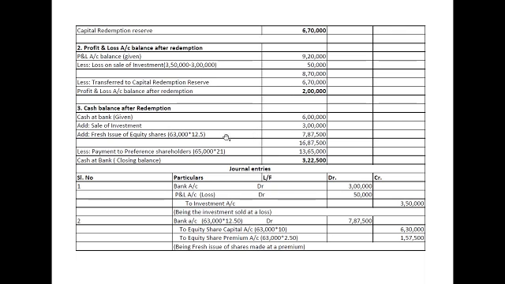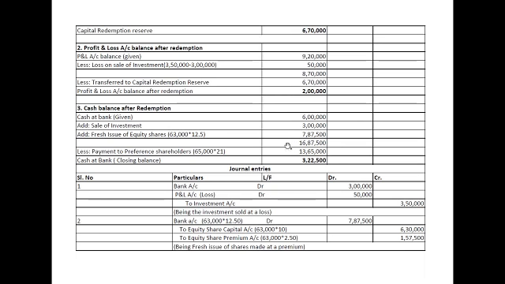So wherever bank account debit comes in the journal entry, you add that amount here. So bank account debit this 3 lakh as well as bank account debit 7,87,500 should be added. So total 16,87,500 is in the bank account.